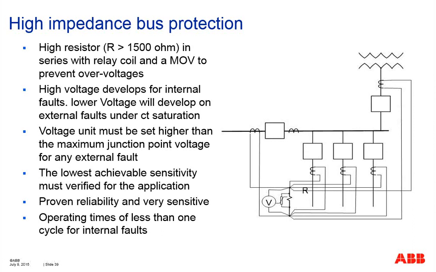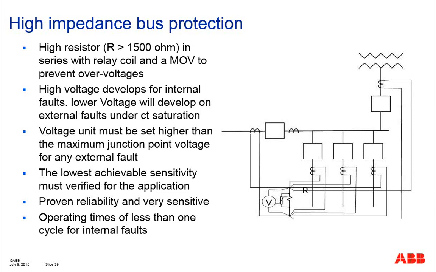That's how you set it. At the meantime, with this set voltage, you also have to check your sensitivity, that the current needed to drive the relay with this voltage set point is low enough, which means it is sensitive in your condition.